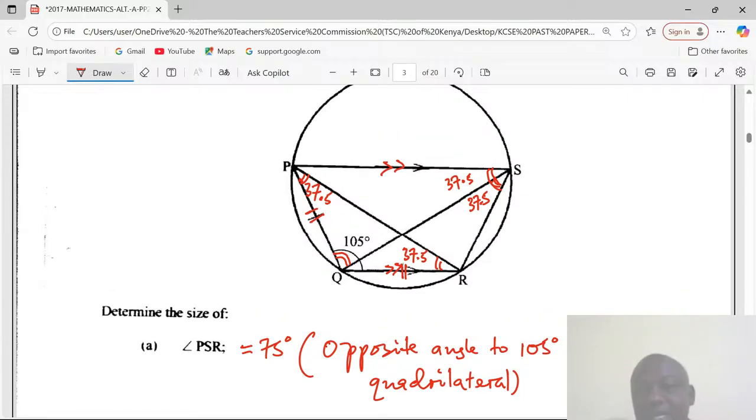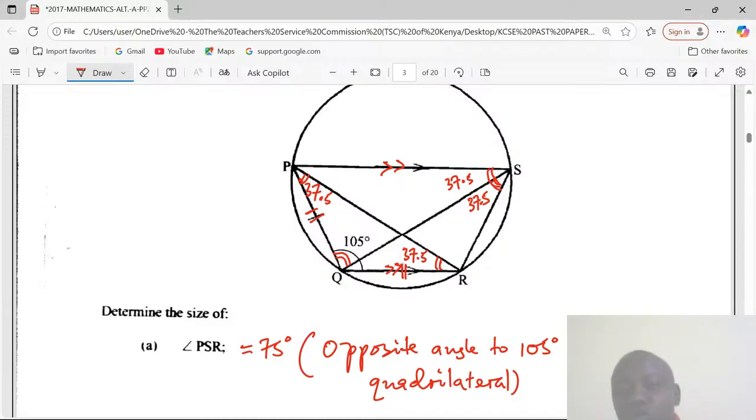Let's apply as many rules as we can. Look at this. The angle at R is 37.5. We said initially that PS and QR are parallel to one another.